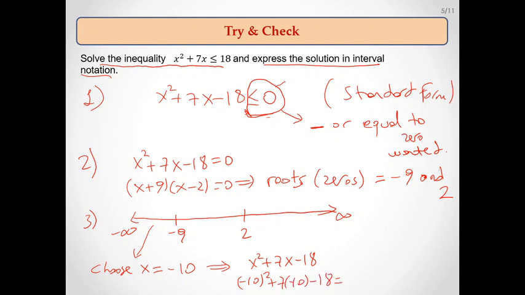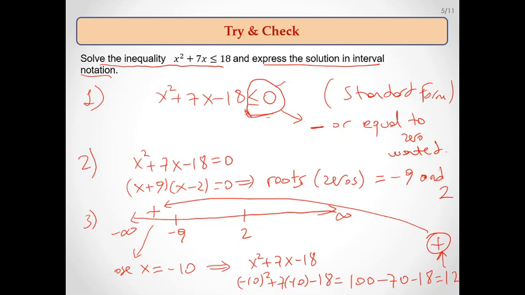So it will be 100 minus 70 minus 18, which is 12. As you see, 12 is positive. So you go back and say it's a positive interval. The polynomial is positive for the x values on that interval.